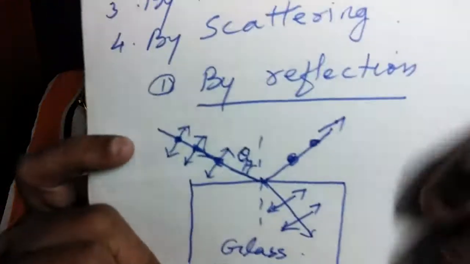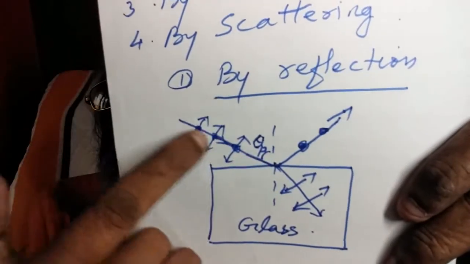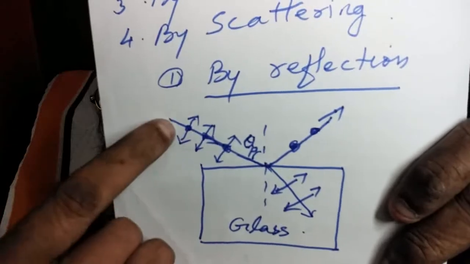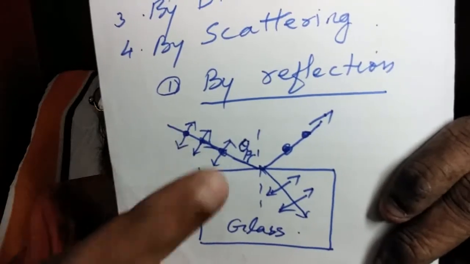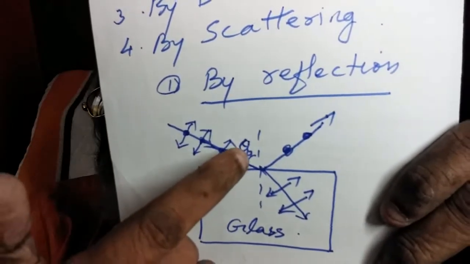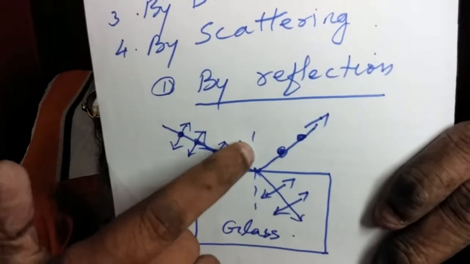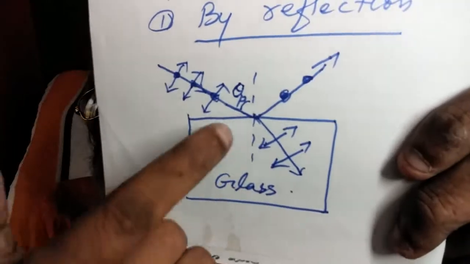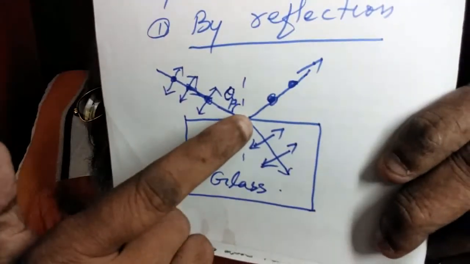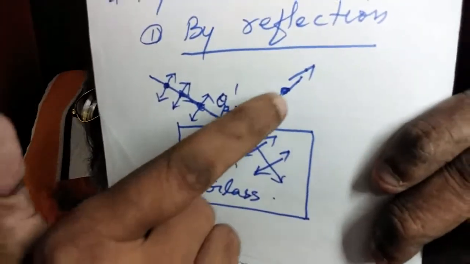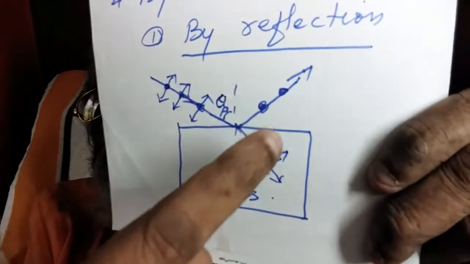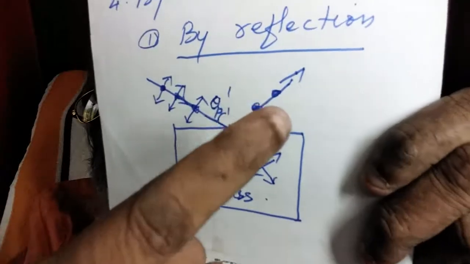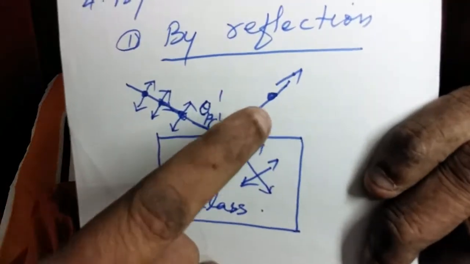See this figure. This is ordinary light, which contains vibrations in all possible planes. Theta p is the polarizing angle for this transparent material. Then this reflected light is 100% plane polarized, vibrations of which are perpendicular to the plane of the paper.